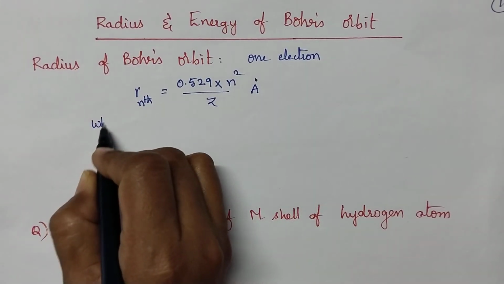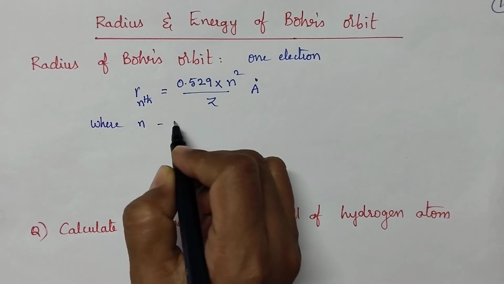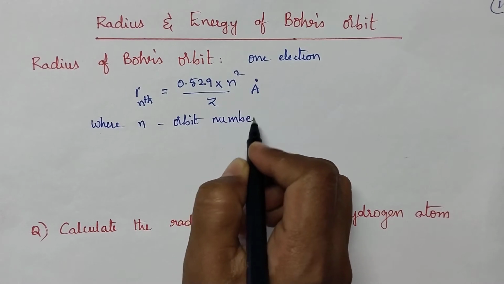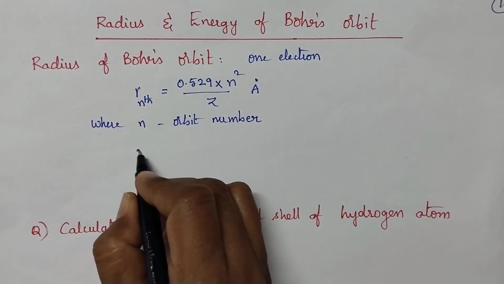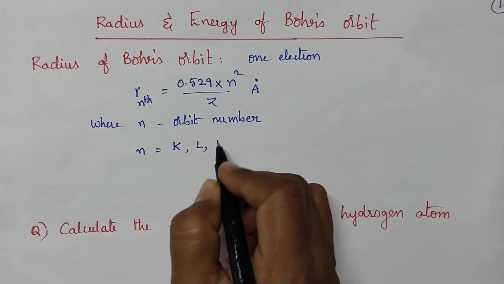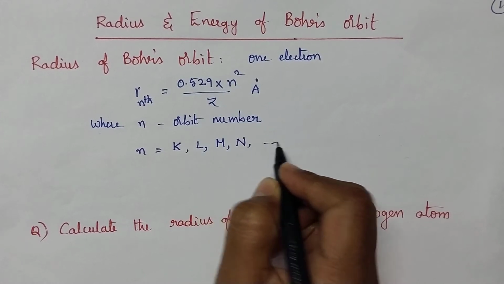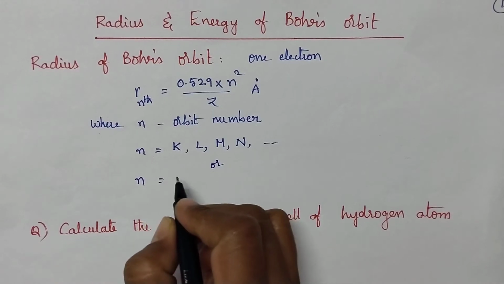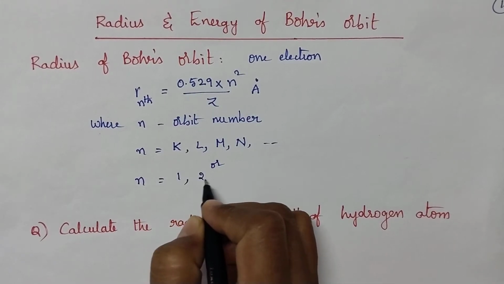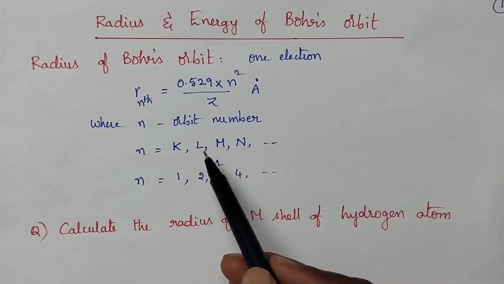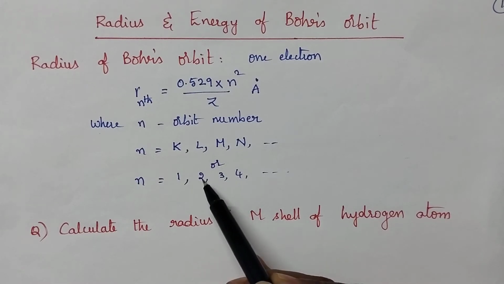Where n is the orbit number. Orbit number can be represented by using the alphabets K, L, M, N, etc., or it can also be represented by using the numbers 1, 2, 3, 4, etc. If the electron is present in the L shell, that means it is the second orbit.